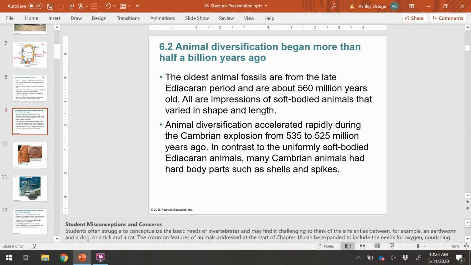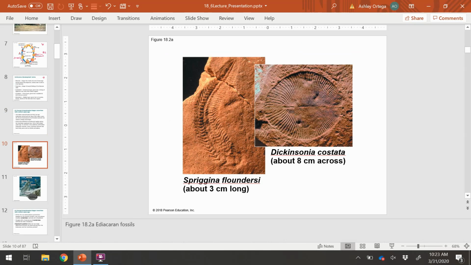As time moved on to the next period, the Cambrian period with the Cambrian explosion, there was a rapid diversification of animals about 535 to 525 million years ago. In this period, the Cambrian animals had harder body parts like shells and spikes. And so you can see these in these examples.